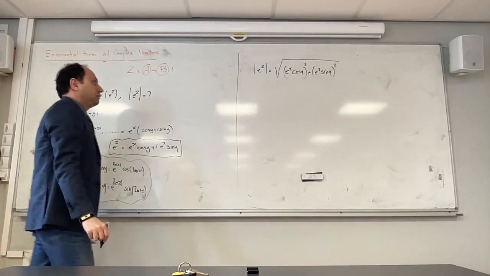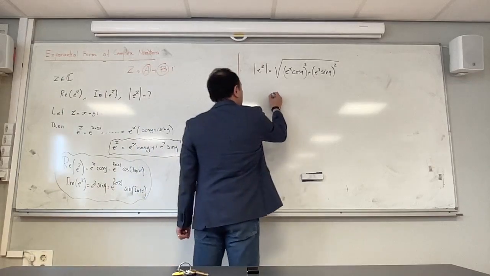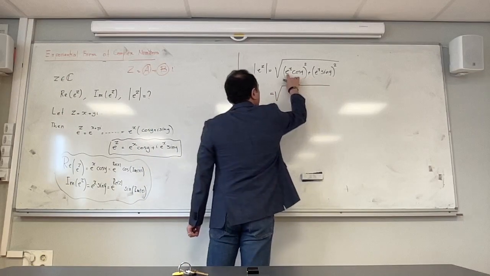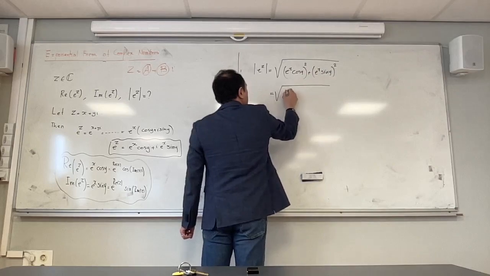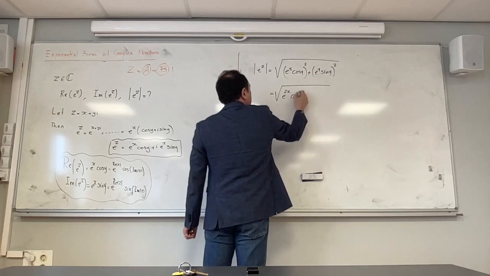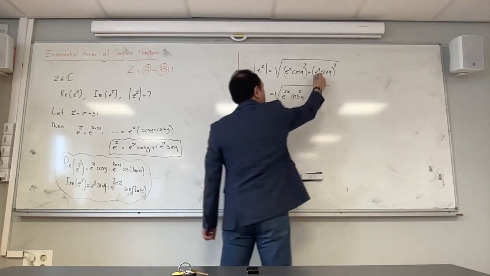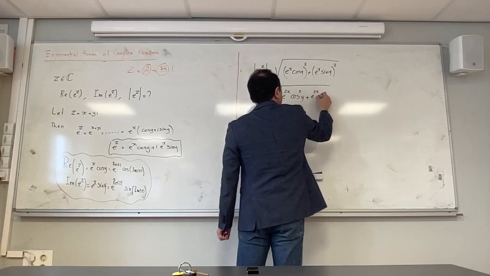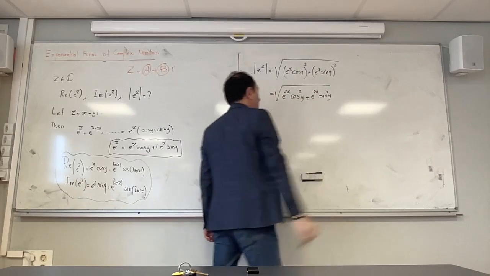But let us simplify, because this can be simplified a lot. So this becomes square root of e to power 2x cosine squared y, plus e to power 2x sine squared y.